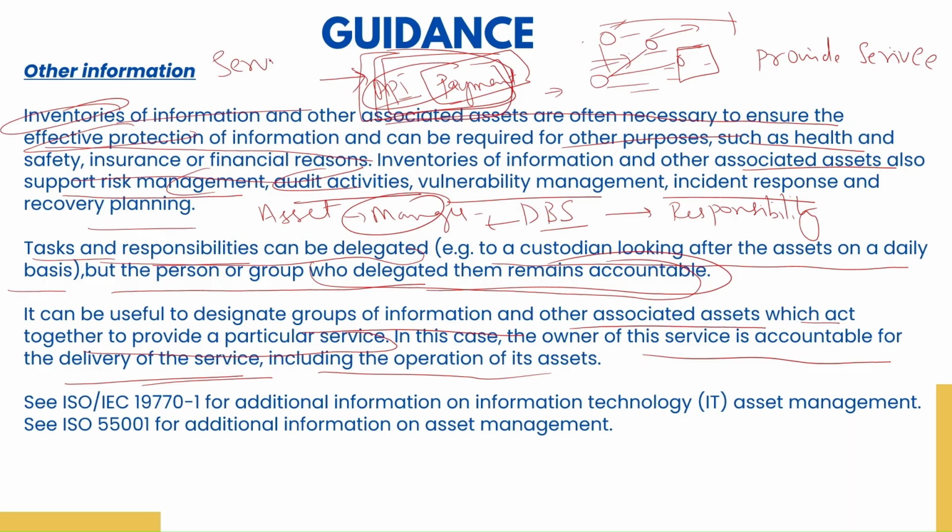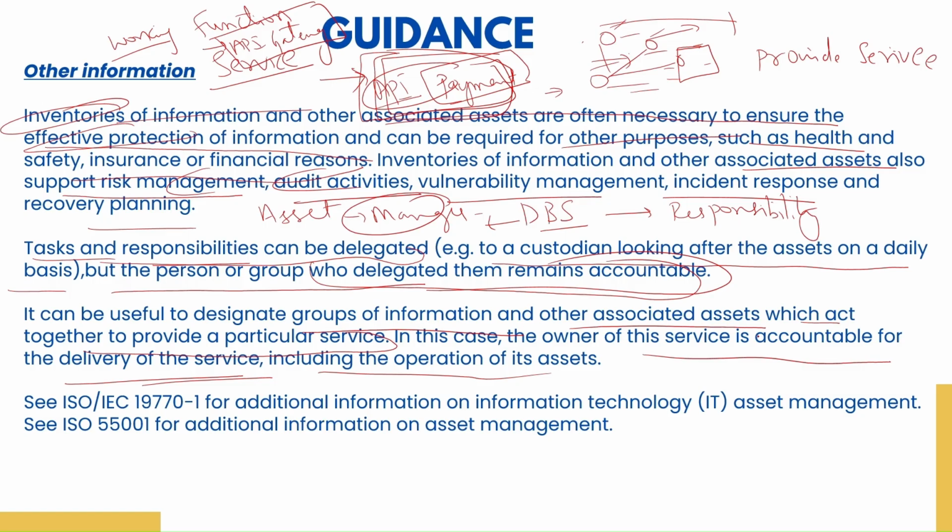Including the operations, I have to make sure not only that the asset is fine, but also the service it is meant to provide, the function of that particular device. If this is the API gateway, I should not only make sure that it is fine, that there is an owner and it has been classified, but also that it is working as expected. Whatever service it is decided to perform, it has to perform that. That is what it says.